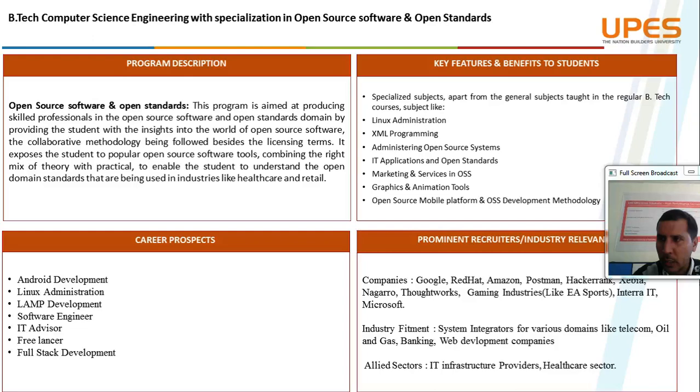Let me give you an example. Most of the software used by cloud computing people is open source. You might have heard about Linux, Ubuntu, they're open source. If I talk about Android, it's open source.